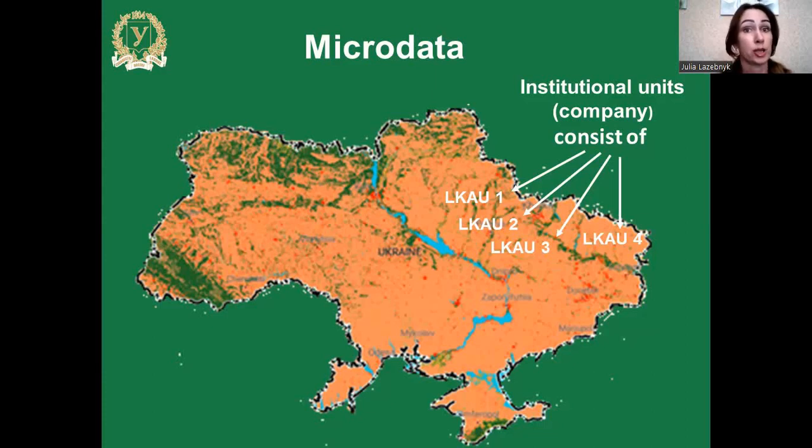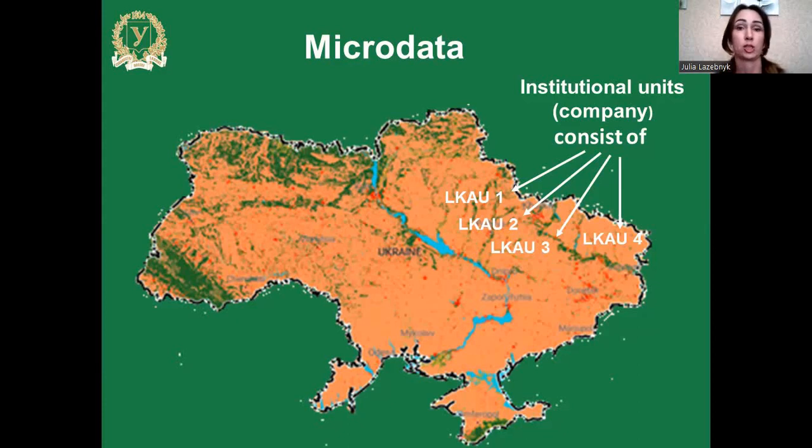And now I want to tell you about microdata. Company reporting is an important source of data for the monitoring system. Accounting data for the formation of key indicators should be collected at the level of an institutional unit and aggregated by the region. Institutional units usually consist of several different units that produce different products or services and have different locations.